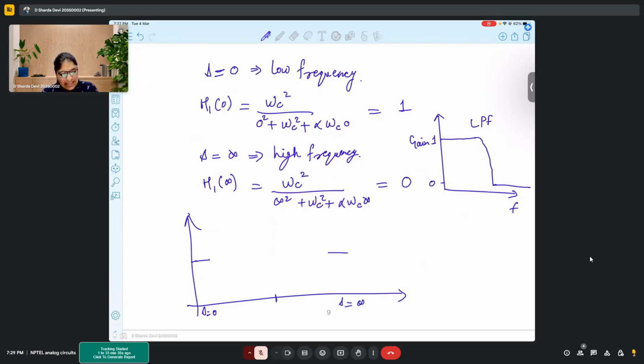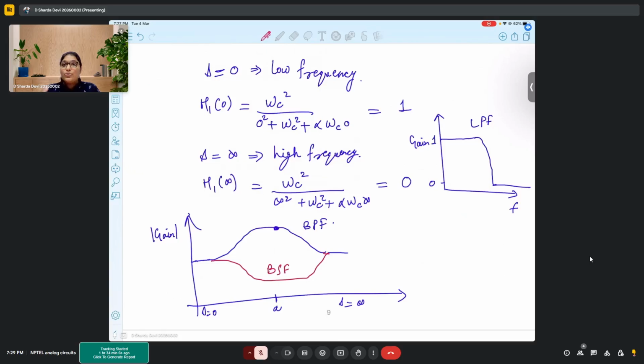You selected some frequency, say A. At that particular frequency, you are calculating your gain for the given transfer function. If that gain comes more than this, then it is a band pass filter. But if that gain comes out to be less than these extreme values, then it is a band stop filter. Okay.